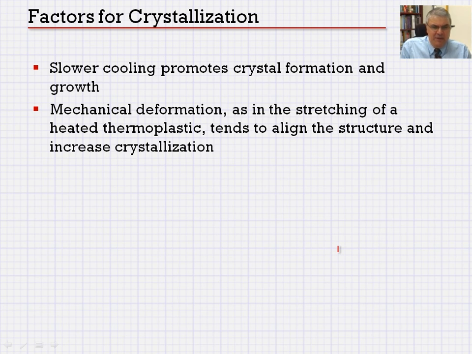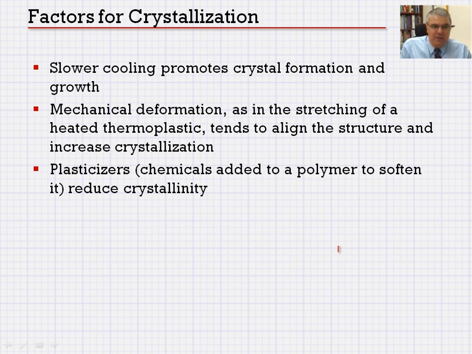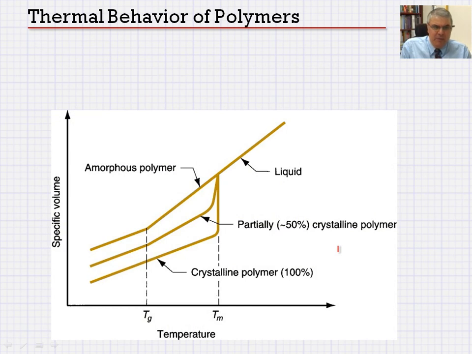Mechanical deformation also has an effect: stretching of a heated thermoplastic tends to align the structure and increase the crystallization. Plasticizers are chemicals that we add to soften the polymers, and that would obviously reduce the crystallinity of the polymer.